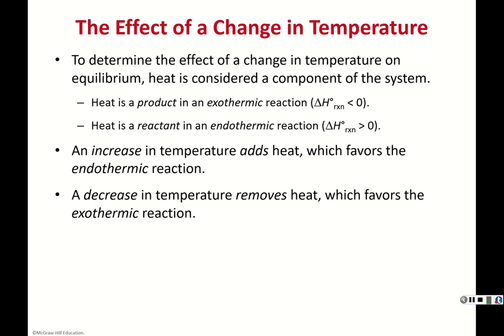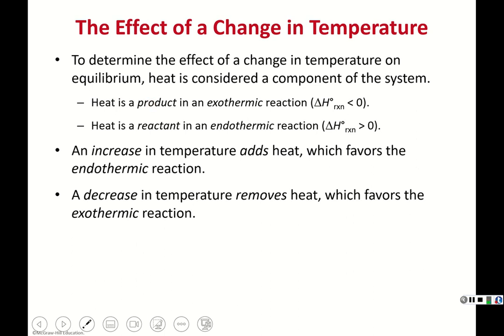Remember, when delta H is a negative value, that's an exothermic reaction. Heat is being given off by the reaction, so in a sense, heat is a product of the reaction. So for exothermic reactions, heat is a product.